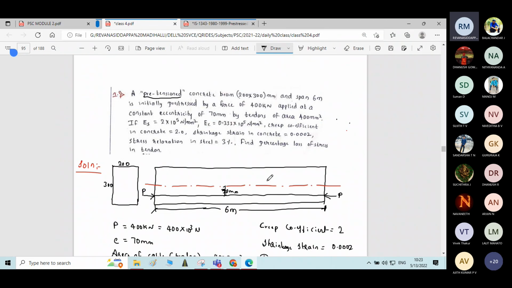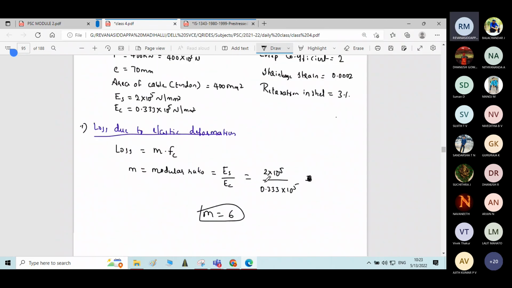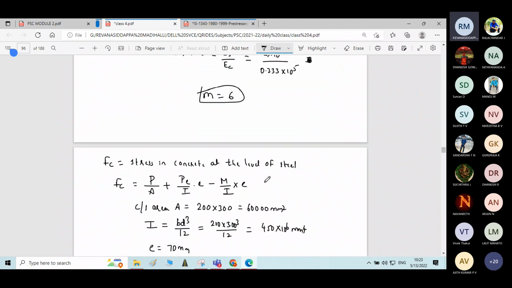When the load is not given, we have to ignore this third term. When the load is not given, there won't be any moment. In the bracket you write live load not given, and there will be some moment due to self weight that we will ignore. Live load is not given and dead load is neglected.